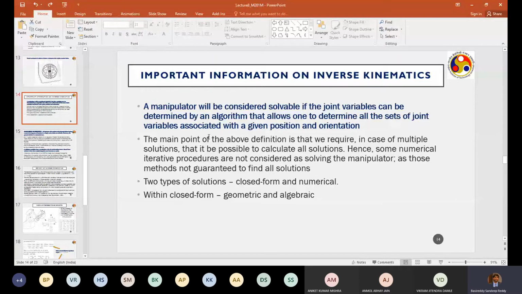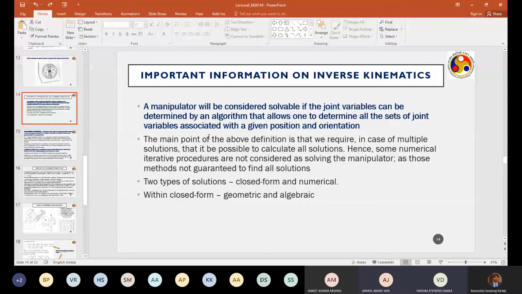For example, if they are linear equations, of course, you can solve them simultaneously. Nonlinear equations are not easy to solve simultaneously, and there is no guarantee that you will get some explicit analytical expression. Has any one of you heard the word closed form solution? Yes, sir.